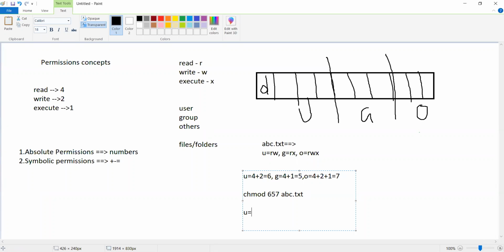I want user to have read write execute privileges, group to have read execute, and others to have execute write, guys. Can someone tell me what the value would be for assigning these permissions? 753. 753, perfect.